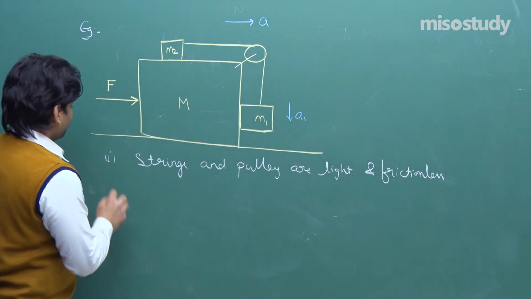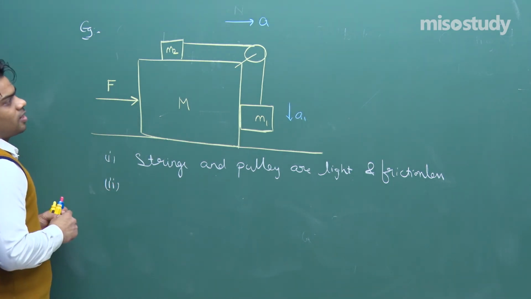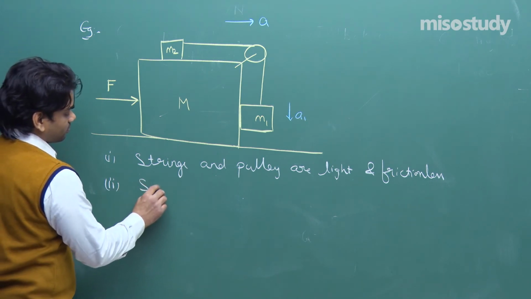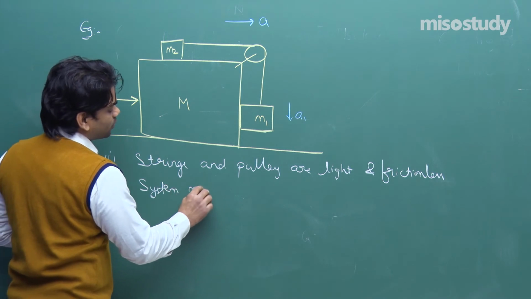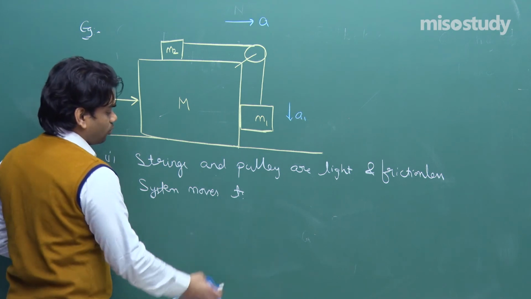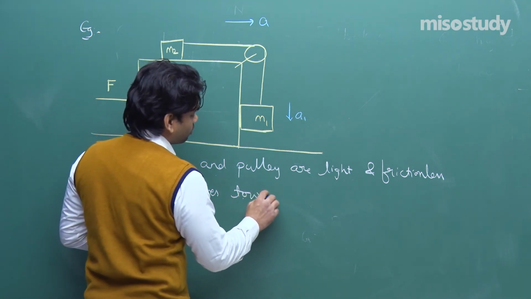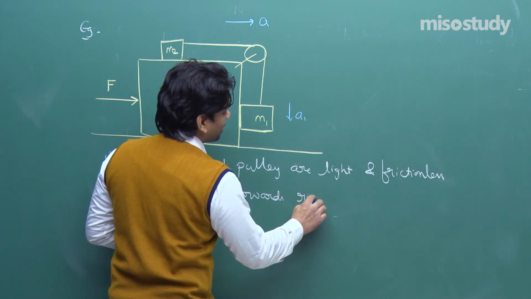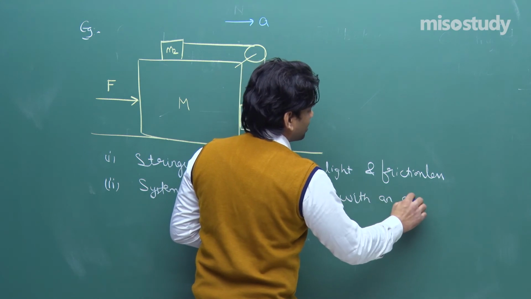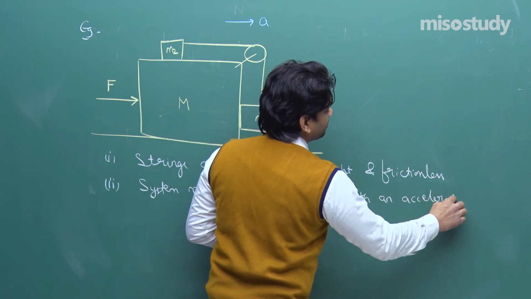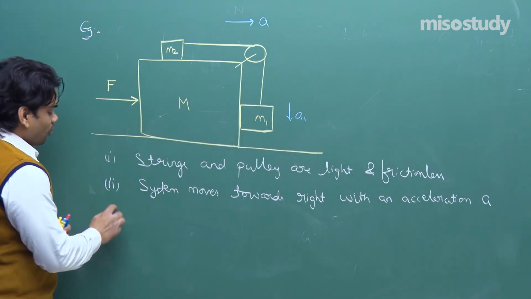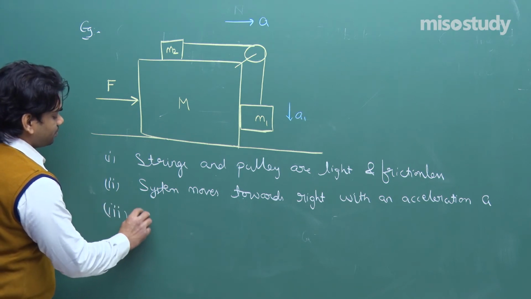Second, the system moves towards right with an acceleration A. Third, block M1 is coming down with acceleration A1.